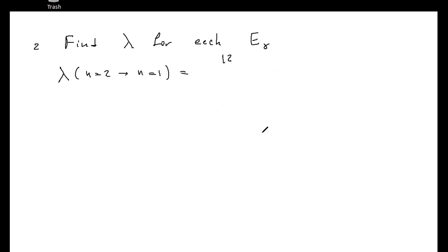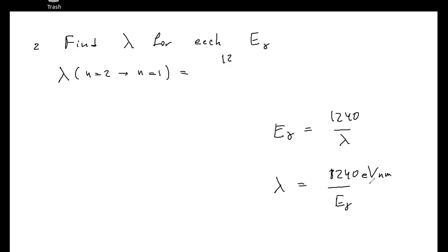Oh, by the way, let me remind you. So the E gamma equals 1240 over lambda, yeah? So then we can just turn this around. And I'm gonna use the same units. So this equation is extremely convenient.